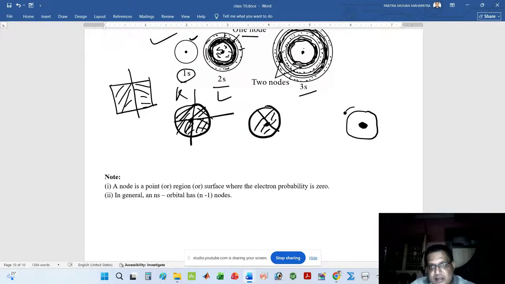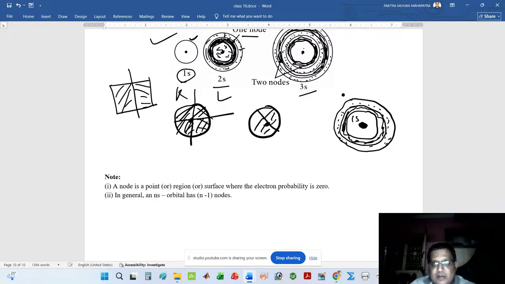Here a circular node is present. Here the probability of finding an electron is 0. You cannot find any electron. Next, this is your 2s. In this region the 2s electron will be found.